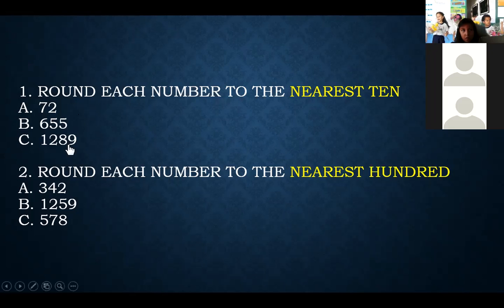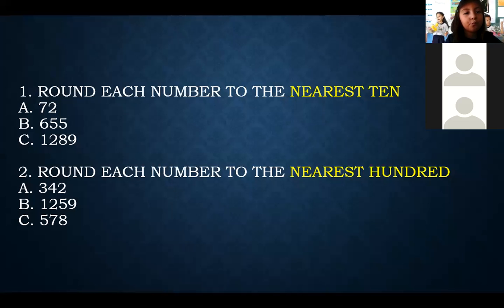Victor Andres. 1,289. But remember, nearest 10. 1,290, because it's my nearest 10. It's not the nearest 1,000 either.